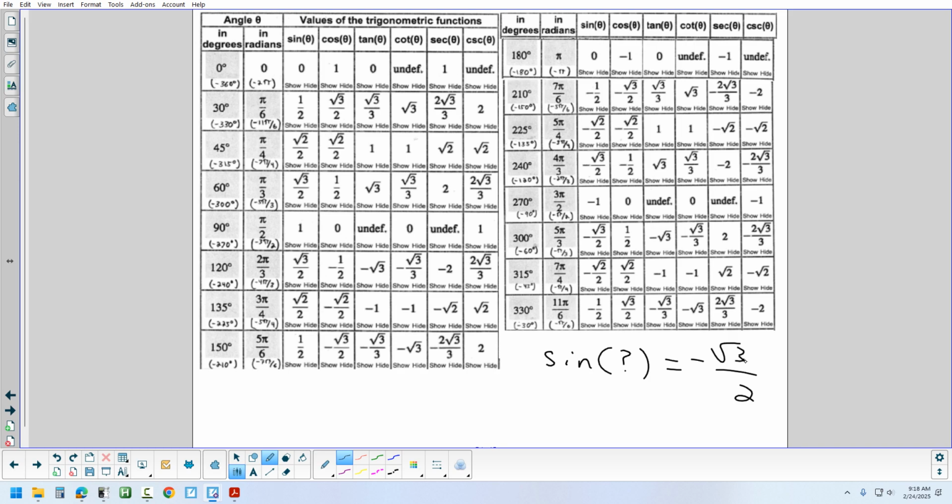Okay. So where do we see negative root 3 over 2 come up? Not for inverse sine. No. Inverse cosine it comes up there, but not inverse sine.